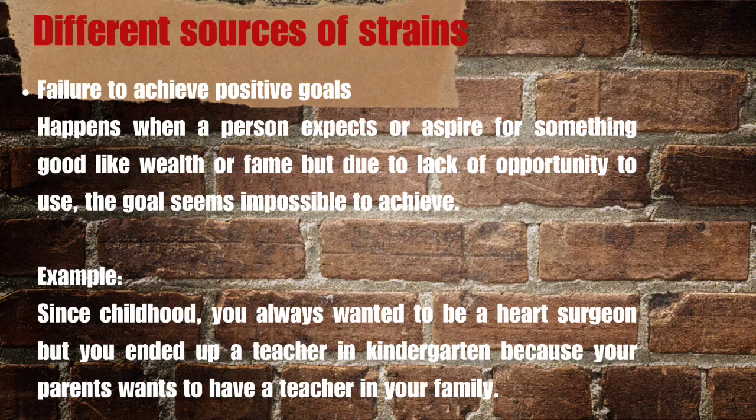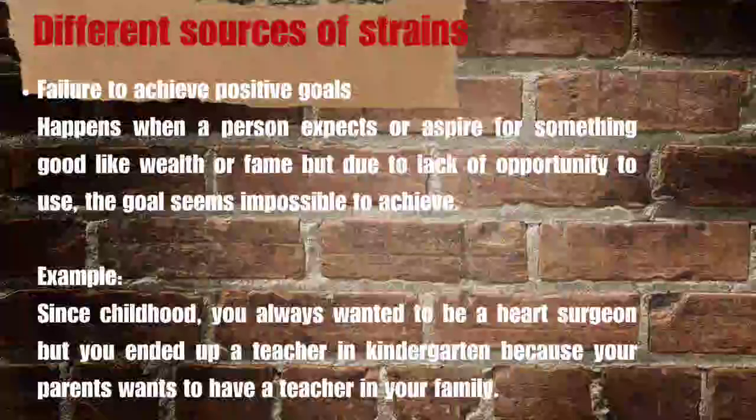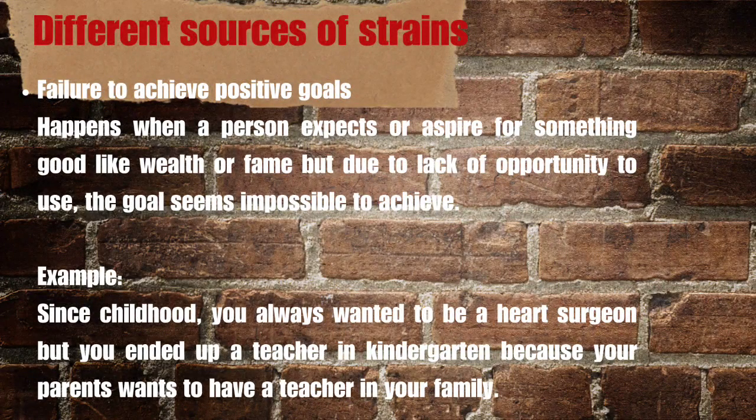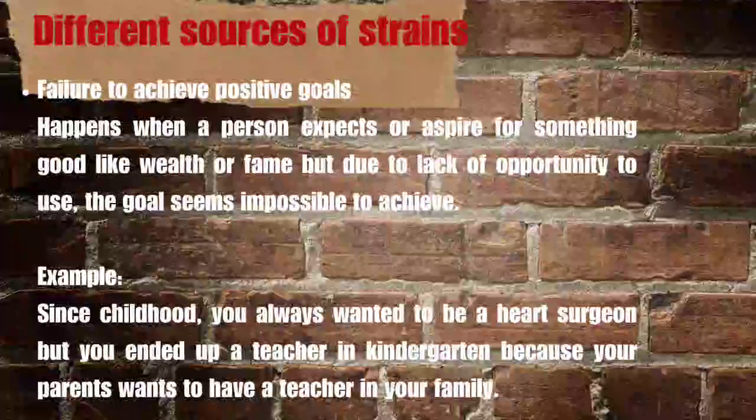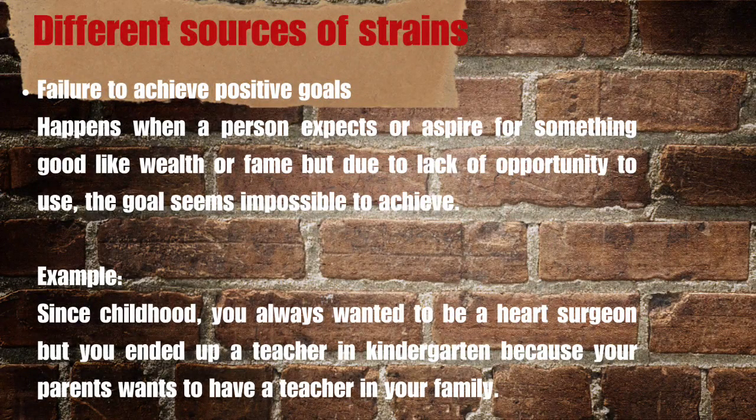Different sources of strains. Number 1. Failure to achieve positive goals. This happens when a person expects or aspires for something good like wealth or fame, but due to lack of opportunity to use, the goal seems impossible to achieve. For more clarity, let's look at this example.